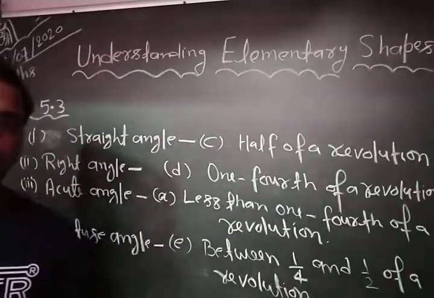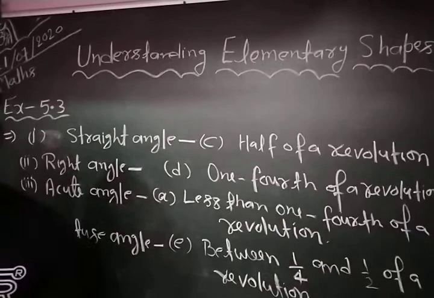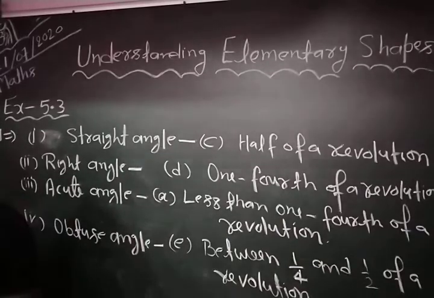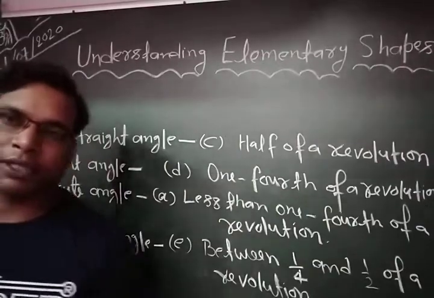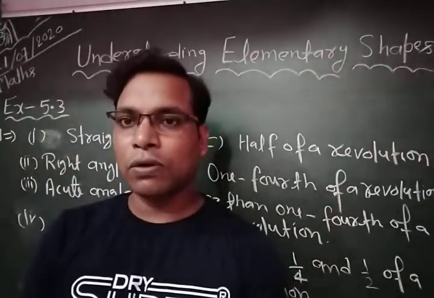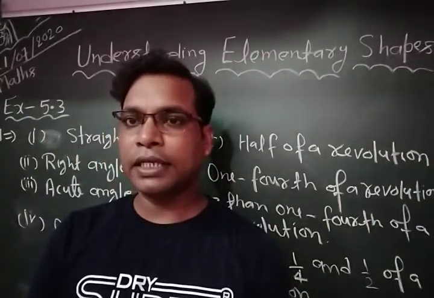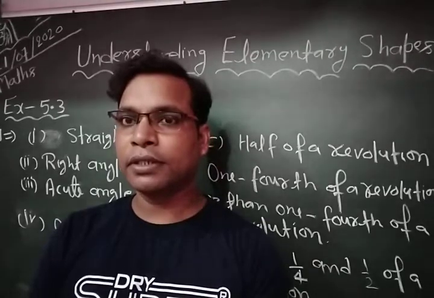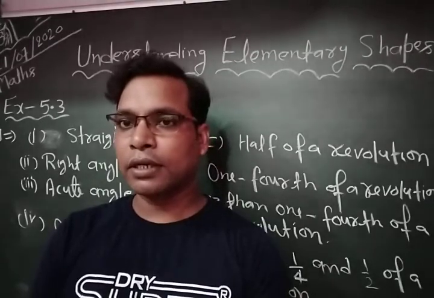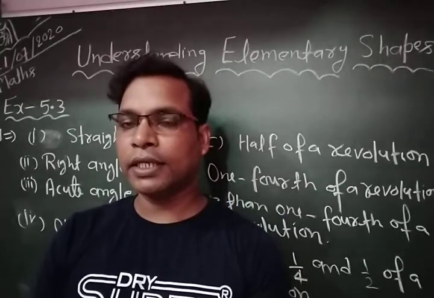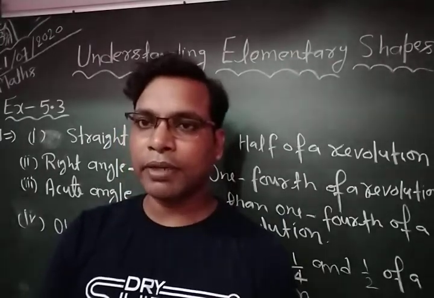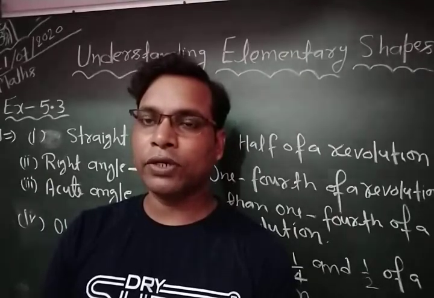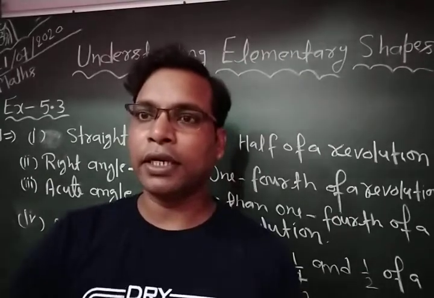Now the next option is reflex angle. What is a reflex angle? According to the definition of reflex angles, they are angles whose measure lies between 180 degree and 360 degree. It means reflex angles vary from 180 to 360.